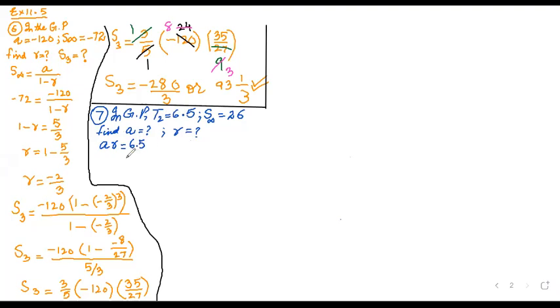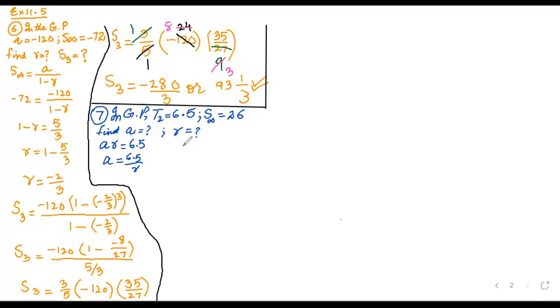So AR is equal to 6.5. So A will become equal to 6.5 upon R. Now making another equation using S infinity equal to 26.